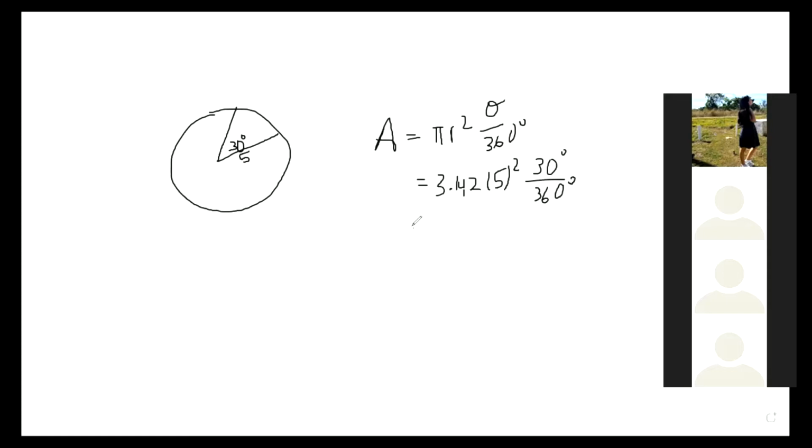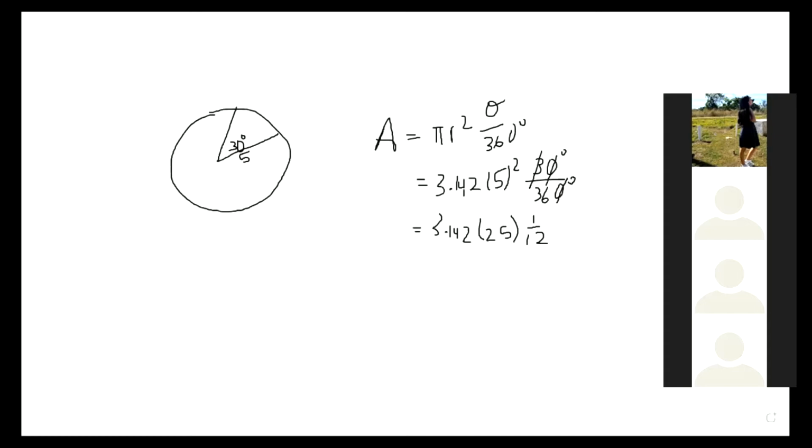Okay. So 3.142 times, let's just work out what 5 squared is first before we do that. 3.142 times 25, all right? And cancel this out, cancel that out. 30 over 360. 3 into 3 is 1. 3 into 36 is 12, right? 1 over 12.